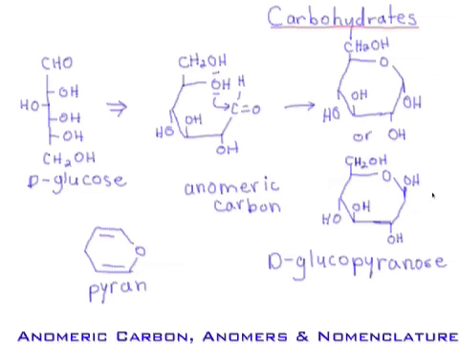The relationship between the 2 D-glucopyranoses, since they are not mirror images and are non-superimposable, is that they are diastereomers. So these 2 molecules are diastereomers. More than that, these 2 diastereomers differ in chirality at only 1 chiral center. Hence, they are also epimers.